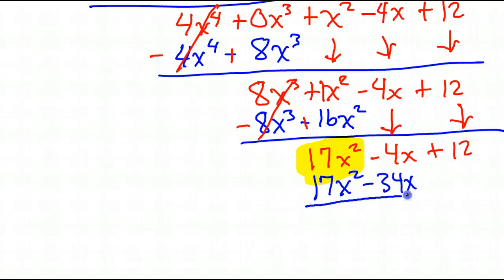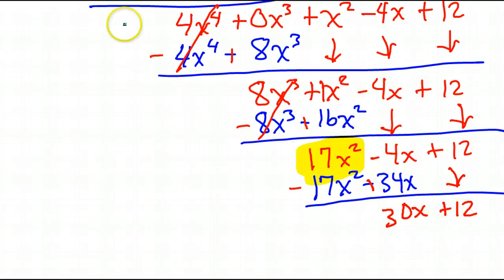Okay, I'm really taking up a lot of space here. You need to subtract by changing the signs. Okay, if I combine negative 4 and positive 34, that's going to make 30x. And I bring down the plus 12. And I start over.